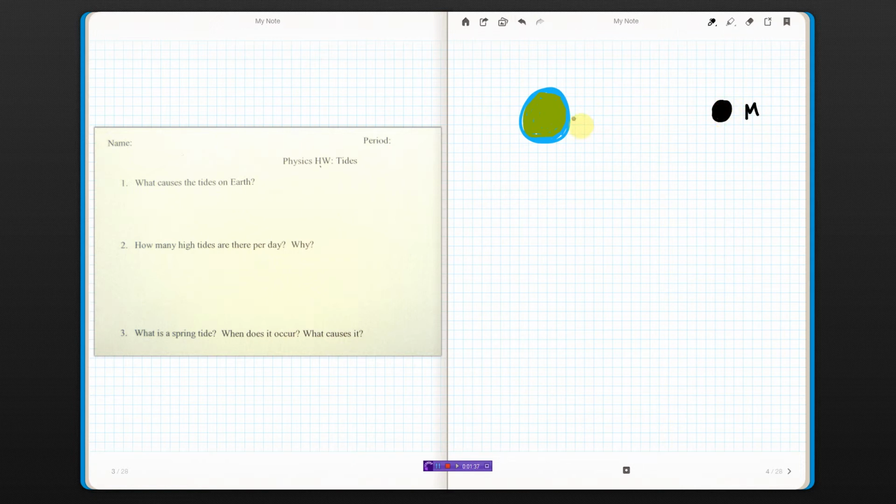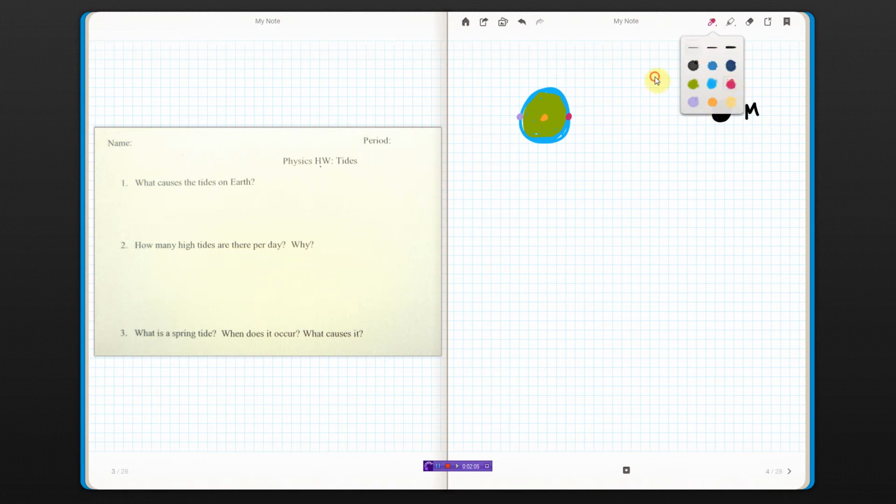Here's the thing. As we learned earlier, gravity pulls harder on things that are closer than things that are far away. So if you look at points on the Earth, like this point and this point, and this point in lavender, the pink point gets pulled harder by the moon than any of the other points.